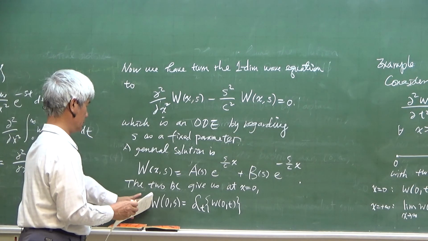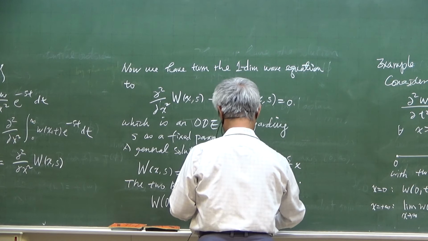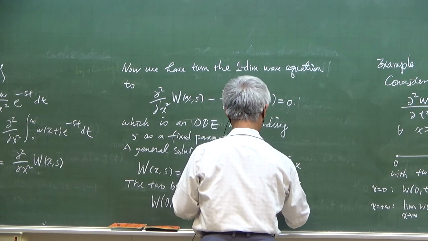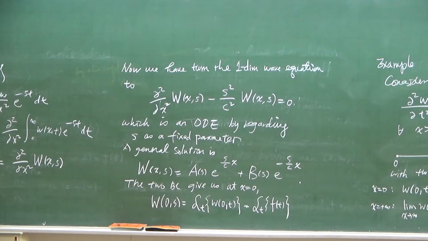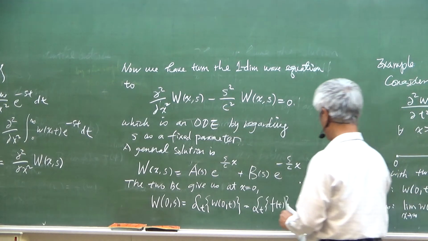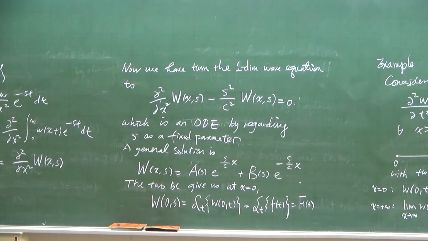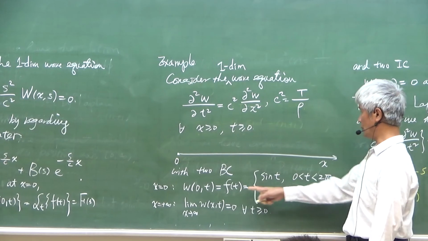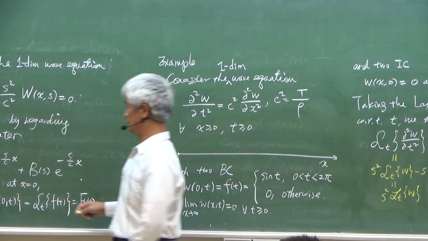This is the boundary condition, and F of s is the Laplace transform of this function, which is defined for all t greater than or equal to 0.